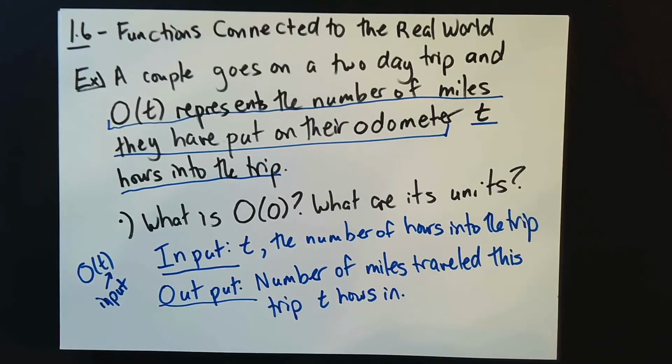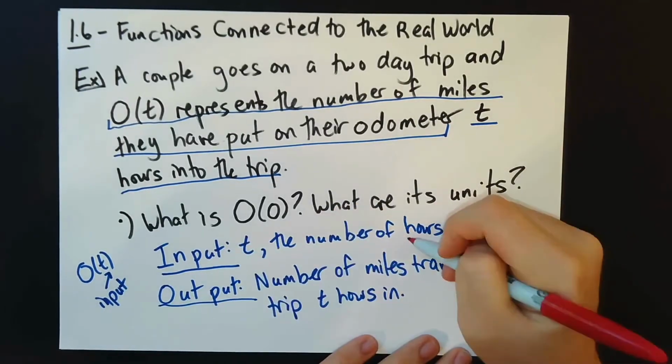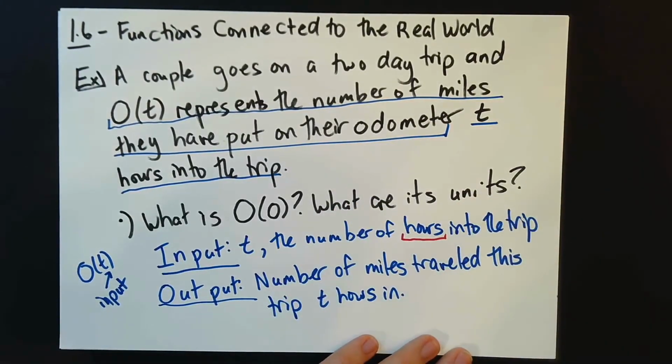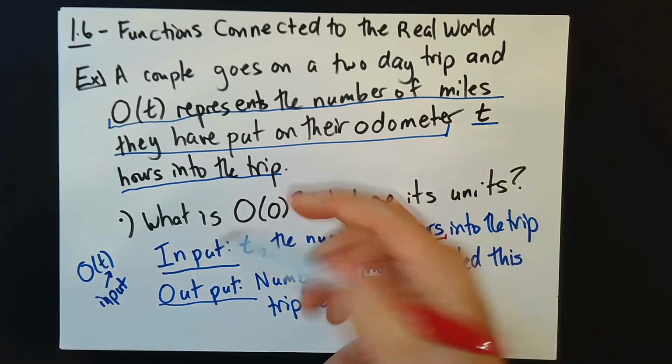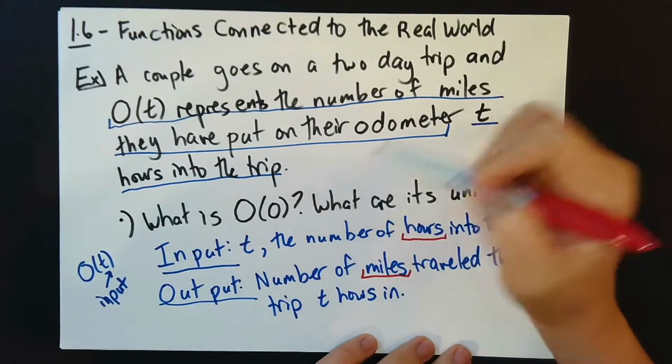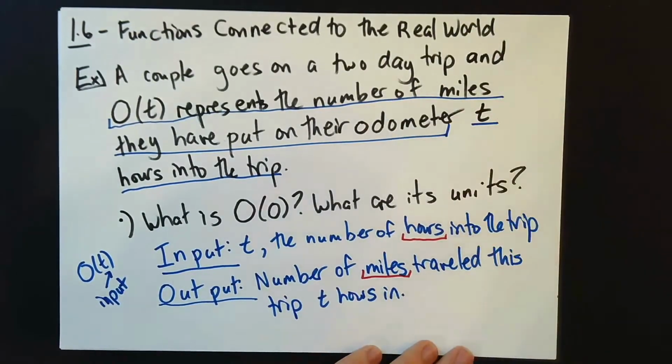Namely, the units of the input are hours, because t here is a number of hours, and the output here is a number of miles. And so you should always, as soon as you have one of these functions floating around, pay attention: what are the units of the input, and what does that input represent? What are the units of the output, and what does that output represent?